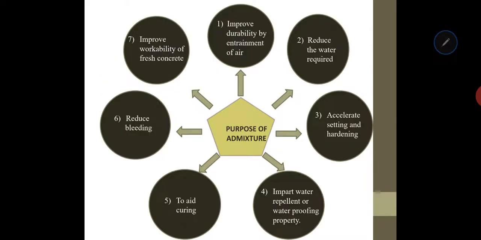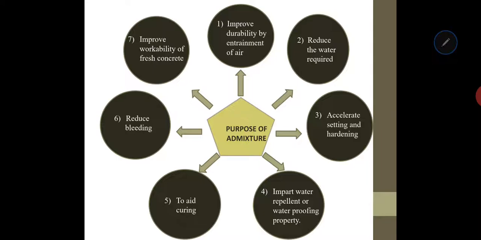So let's see the purpose of admixture. You have a lot of purposes of admixture. You can choose from these 7 items. The first one is to improve durability by entrainment of air, reduce the water required, accelerate setting and hardening.